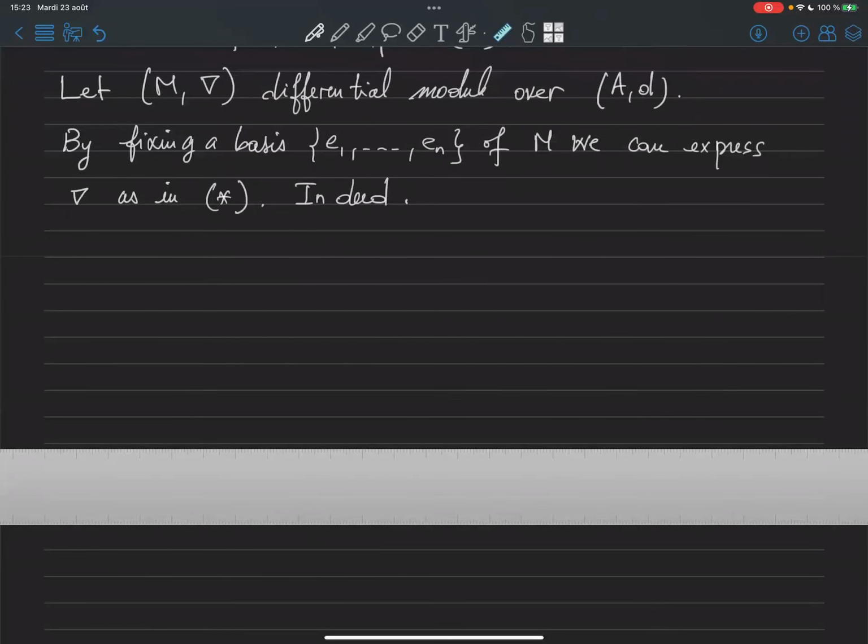Indeed, if we have nabla of the sum of f_i e_i, then it's equal to the sum of nabla of f_i e_i, for i from 1 to n.